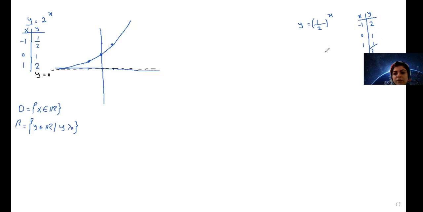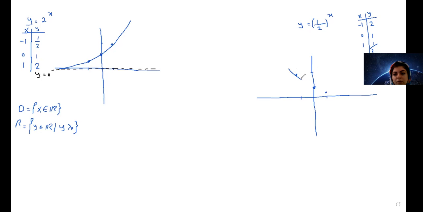You know how to graph it from grade 11, but since we want to talk about the inverse, I have to graph it. So the first one, -1 and 2. Here's 0, 1. And 1, 1/2.